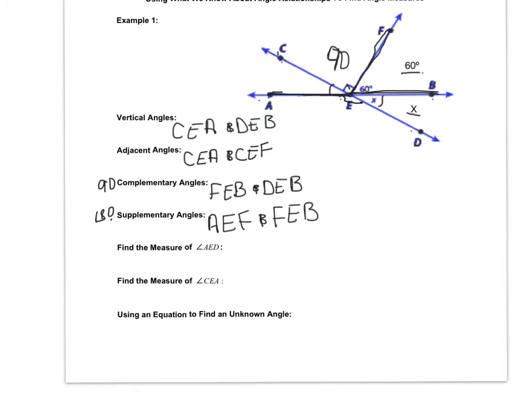We said that angle FEB and DEB were complementary because they had a sum of 90 degrees. So if we know that one of the angles is 60, well, we know that 60 plus 30 is 90. So angle X is really 30 degrees.